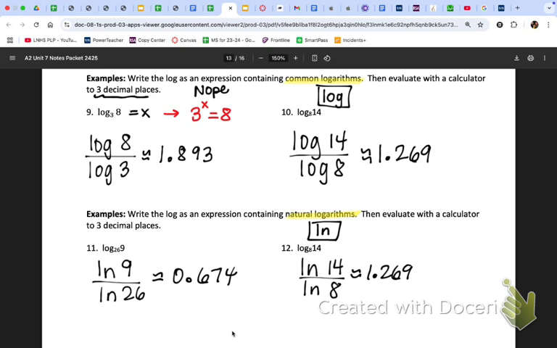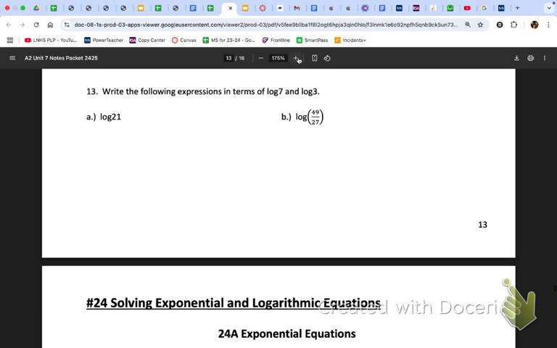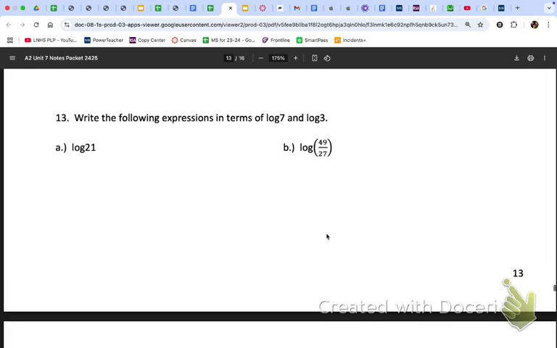The last thing we have is to show you how you can use the properties to expand things even when it doesn't look like you can. You can do whatever you want as long as you use the properties correctly. These last two problems ask you to rewrite in terms of log 7 and log 3. These are both log base 10, but we're just going to rewrite them.